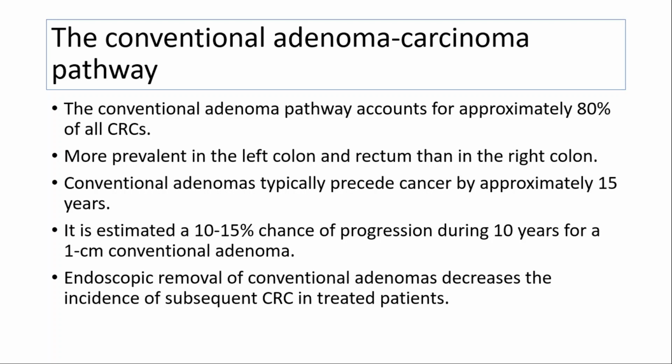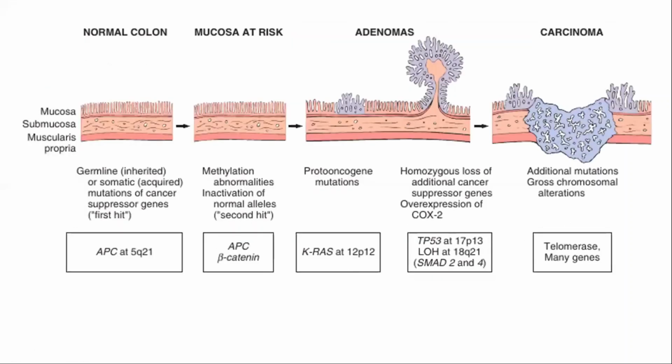This conventional pathway is more prevalent in the left colon. Studies show that conventional adenoma progresses to carcinoma, and the time to cancer is about 15 years. And now endoscopic removal of adenomas has decreased this incidence in treated patients.